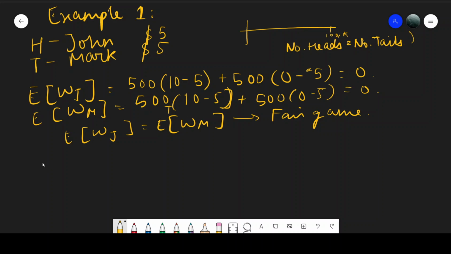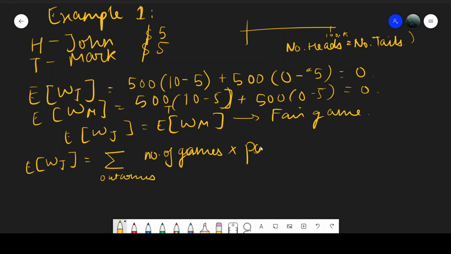So I can write a general formula for the expected winning of a person. Let's say it's John. I can write this as the total number of outcomes, into the probability of an outcome, into the winnings of an outcome.